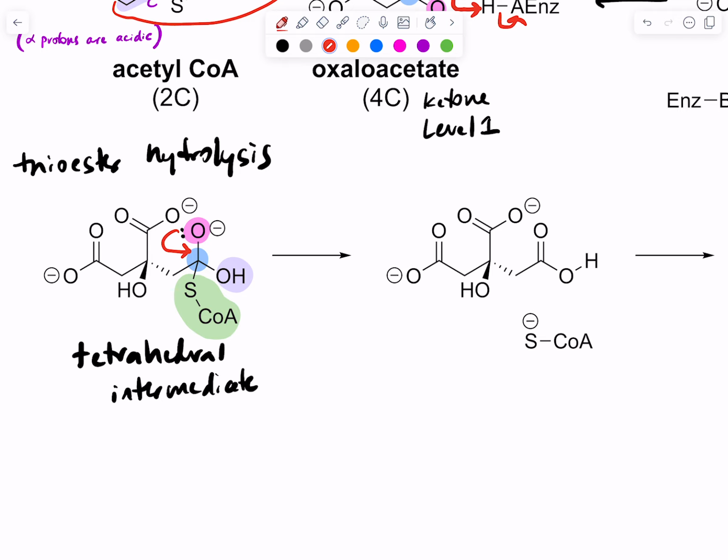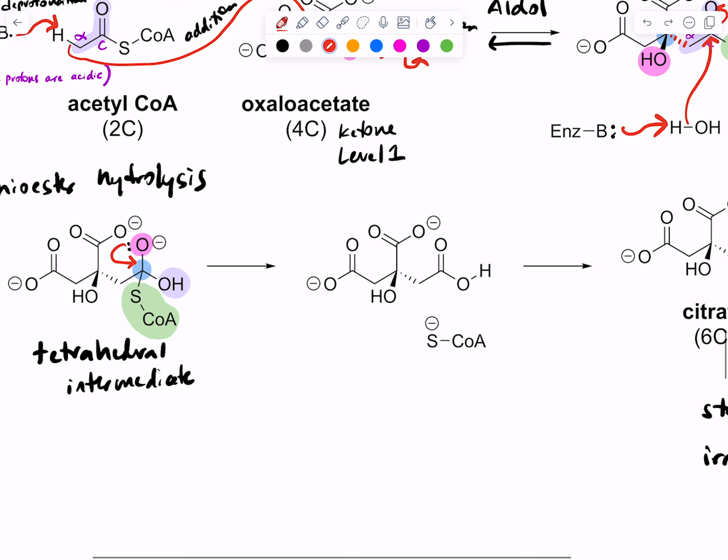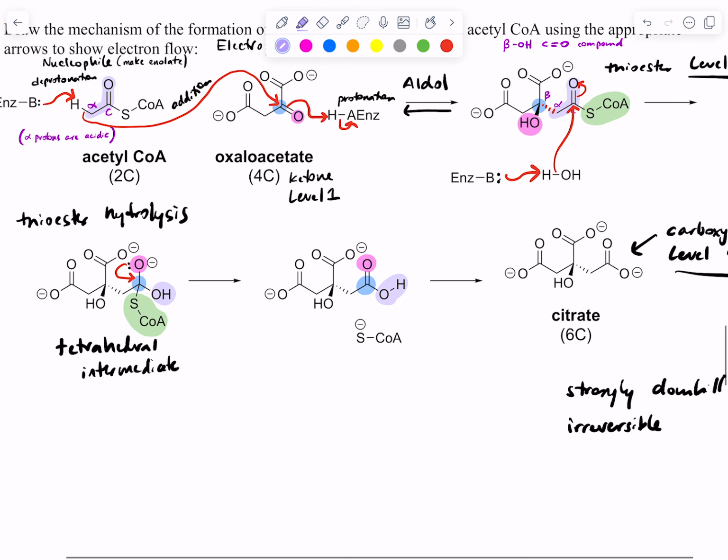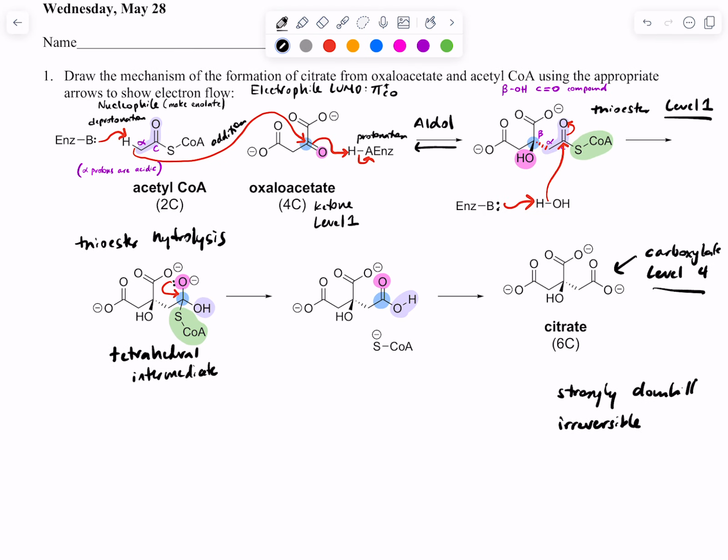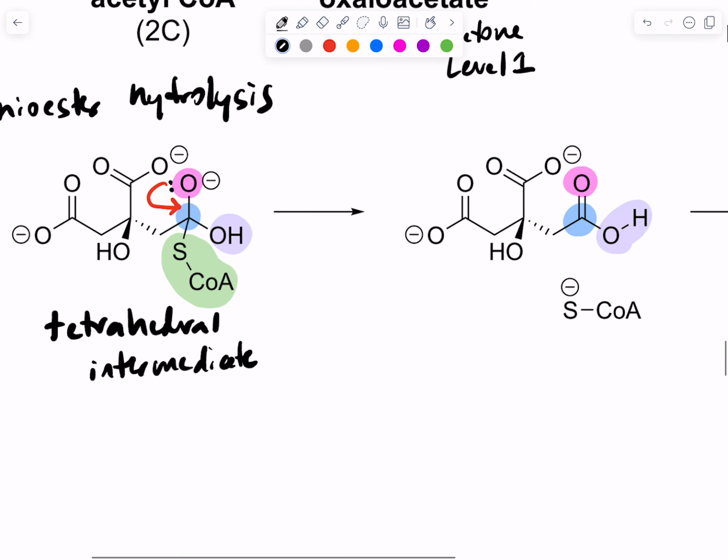Electrons kick down, better leaving group leaves, and you end up with the step where OH has replaced the CoA thiol. If we were talking about what these steps were, this arrow here is an addition step, and these arrows here are elimination steps.